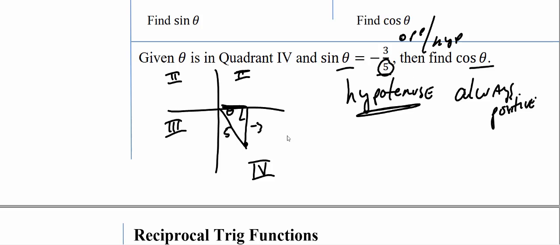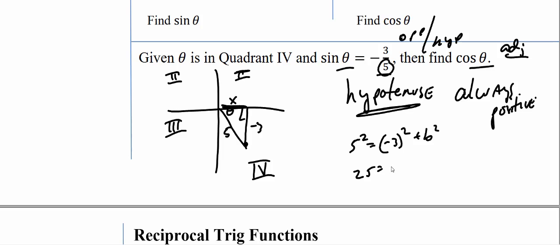Well, this 3 is going to go right there, because the sine, remember, is opposite, so that's where it's opposite. So now I'm going to work backwards to find the cosine, because that's adjacent. Adjacent is going to be this x value right there. So I have c, which is 5 squared, is equal to negative 3 squared plus b squared, or x squared. You can use that variable, doesn't matter.